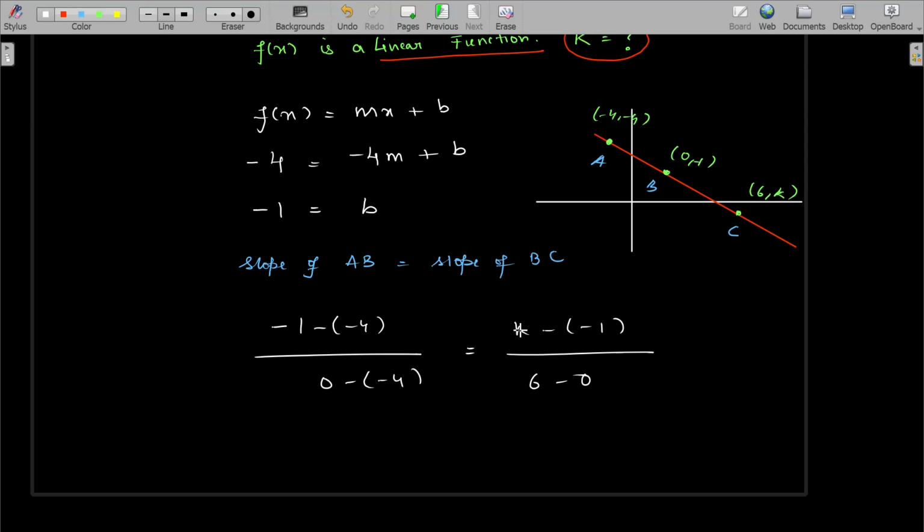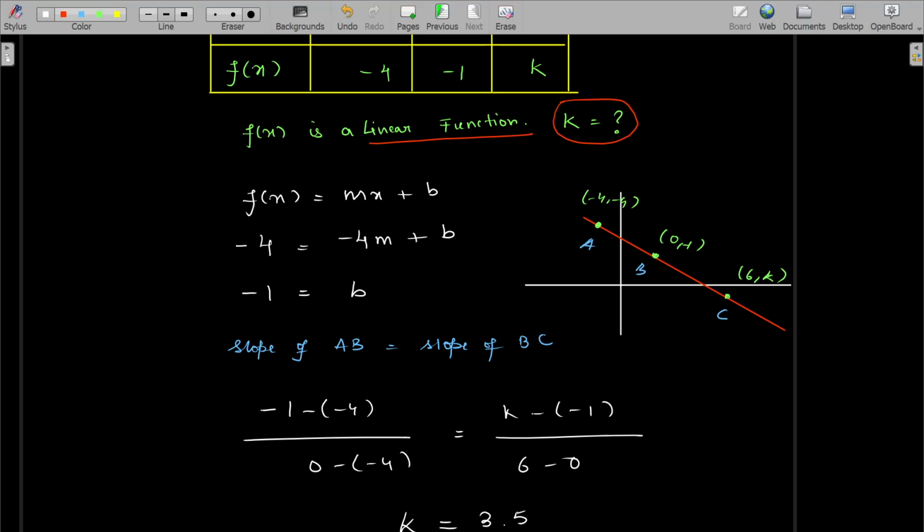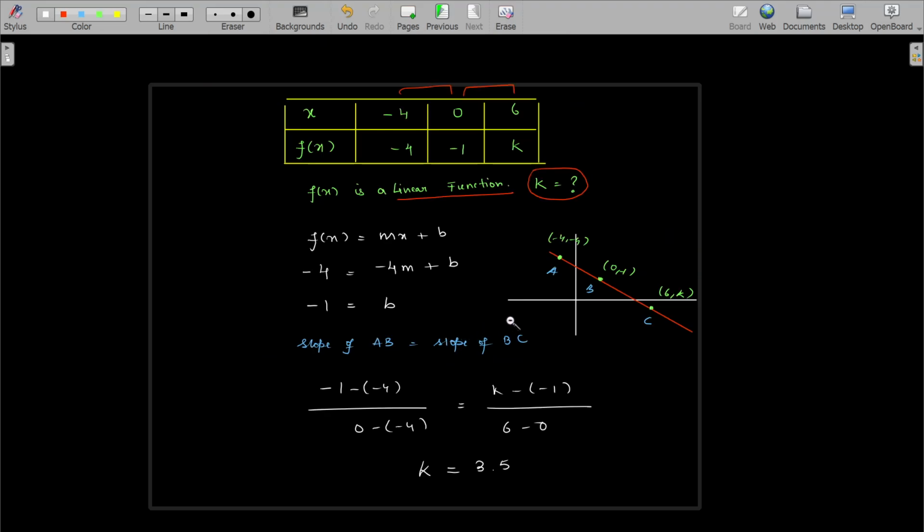I feel that this might be a faster way, but the one that you said is also correct. So then you'll get k as 3.5. Okay, and this type of question, Anishka, I'm seeing a lot on SAT Math, where they just give you that f of x is a linear function and we have to find something.